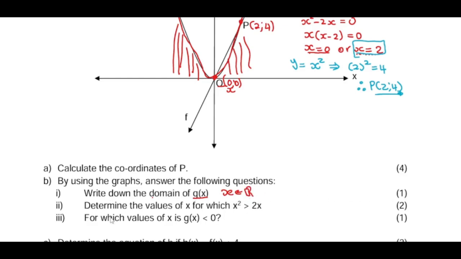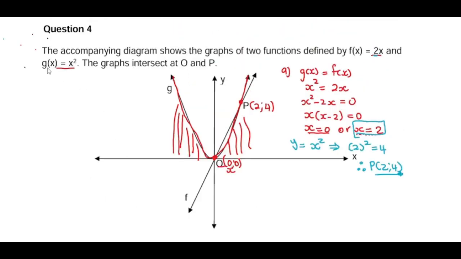So the next question says, determine the values of x for which x squared is greater than 2x. So I'm just gonna put this in the simplest way that will be easy for me to understand this question. I know that x squared is my g of x.